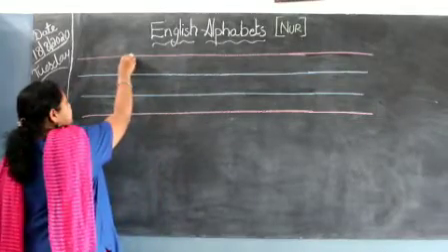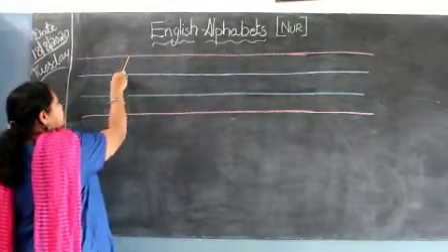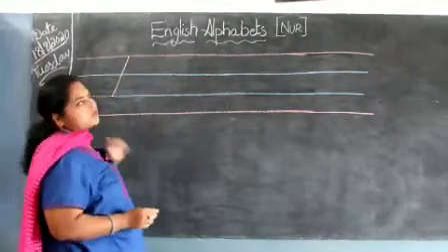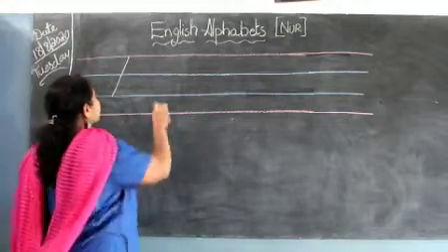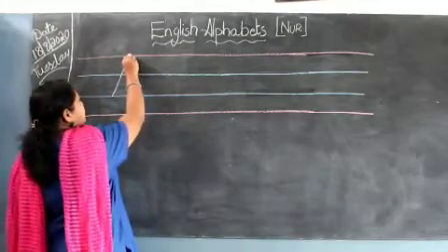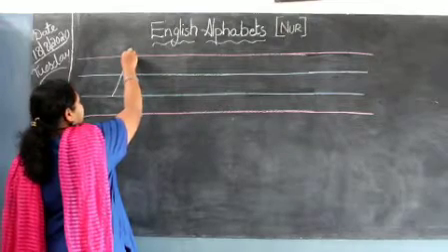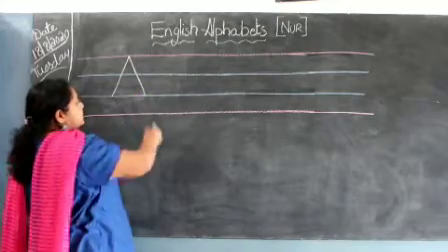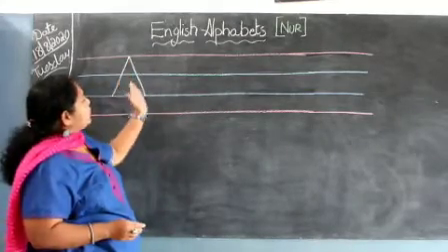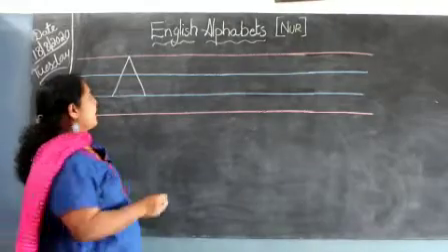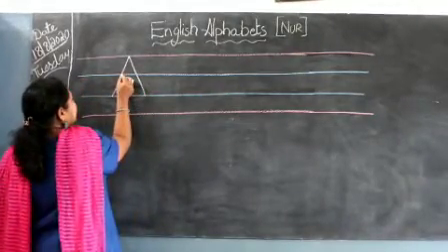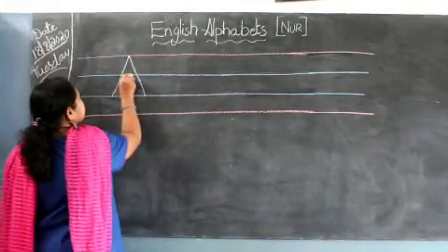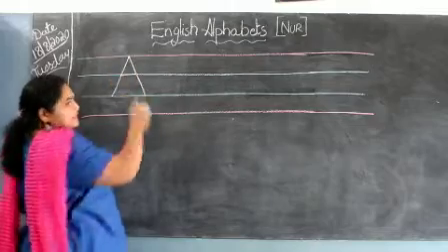Now starting from the red line, you go through your blue and stop at the blue line here with your right slanting line. Now you start again from the same point where you started your right slanting line on the red line, go through your blue line and stop at the second blue line with your left slanting line. And then the sleeping line comes on your first blue line, starting from here to here, joining both the slanting lines.